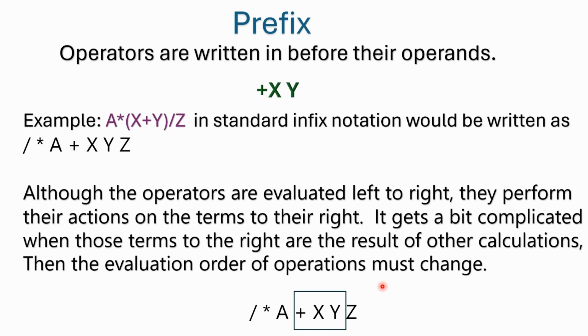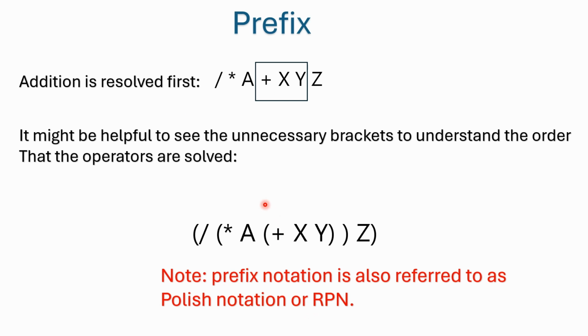So, for example, you've got this plus xy here that we need to look at. In this case, using prefix, the addition is actually resolved first, because keep in mind, we have an operation all the way to the right here, and these operations depend on this.